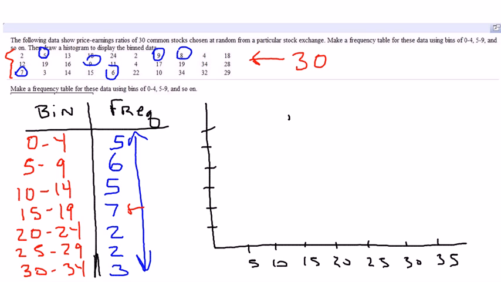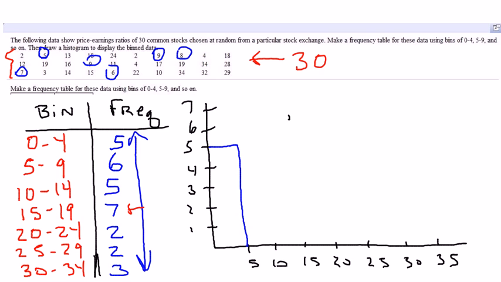Alright, so the first bin, which is 0 through 4, has a frequency of 5. I'm going to number these just so we can see this more easily. 5, 6, 7. Alright, so the first bin has a frequency of 5.